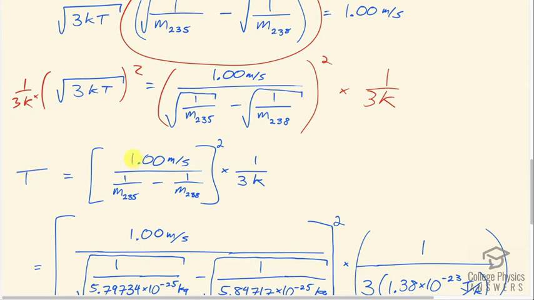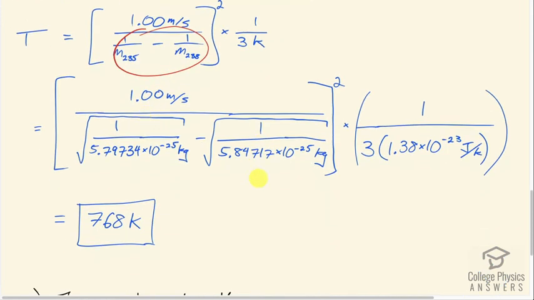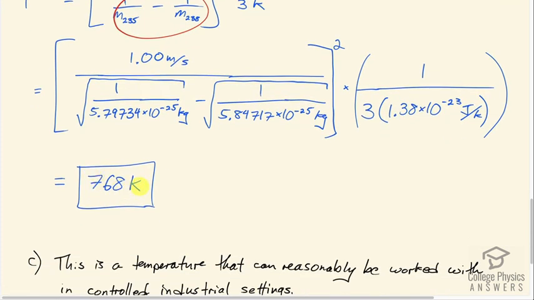So we have T equals 1 meter per second over this binomial, and we square all that, times 1 over 3 times Boltzmann's constant. So that's 1 divided by square root of 1 over 5.79734 times 10 to the minus 25 kilograms, the mass of a uranium-235 atom, minus square root of 1 over 5.84717 times 10 to the minus 25 kilograms, the mass of a uranium-238 atom, and we square that and multiply by 1 over 3 times Boltzmann's constant, giving us 768 Kelvin.